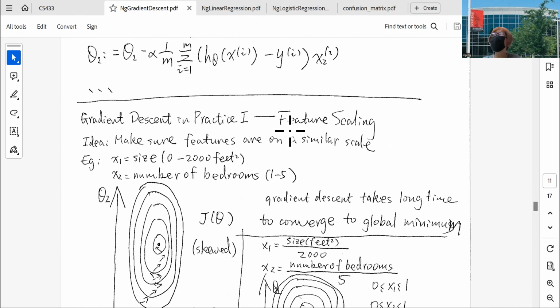And last class, you remember we also discussed feature scaling. Feature scaling is also very important so that gradient descent doesn't need to take a long time to converge. So you can let the gradient descent converge fast.